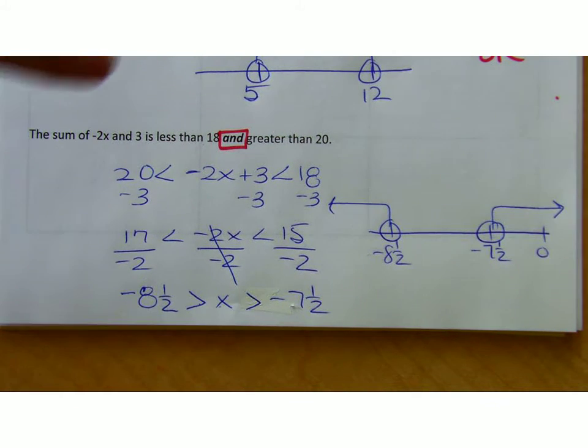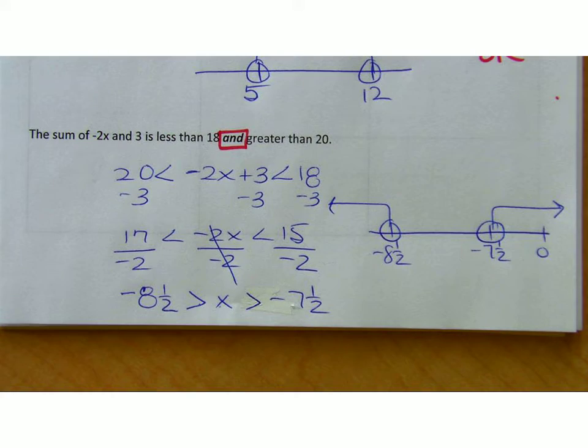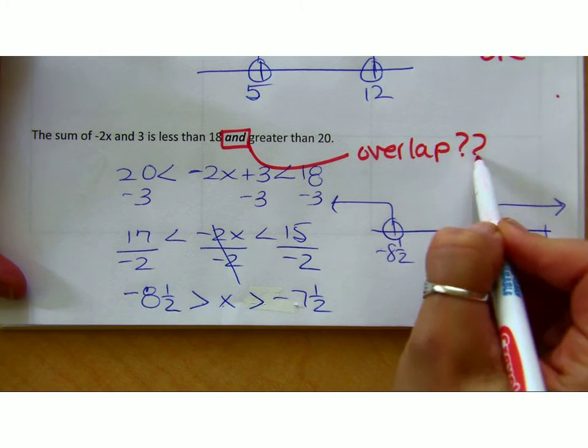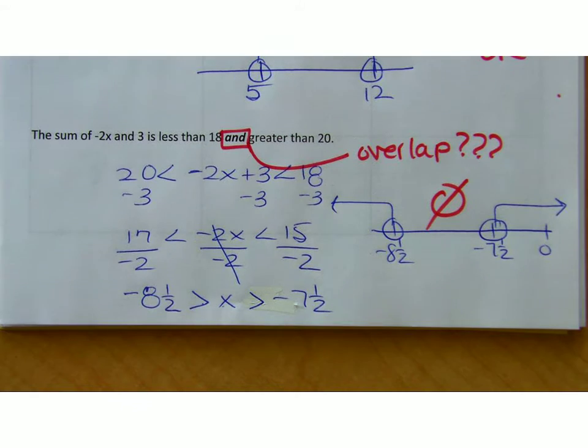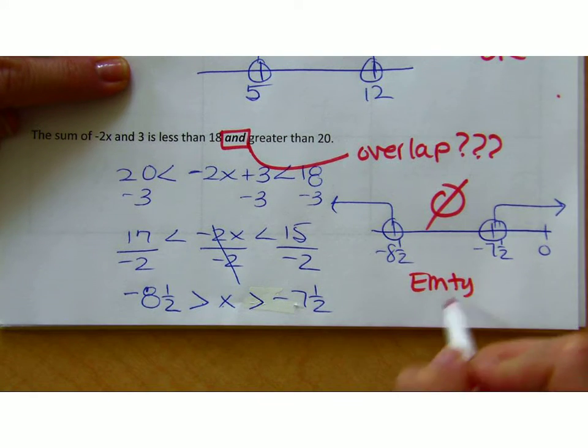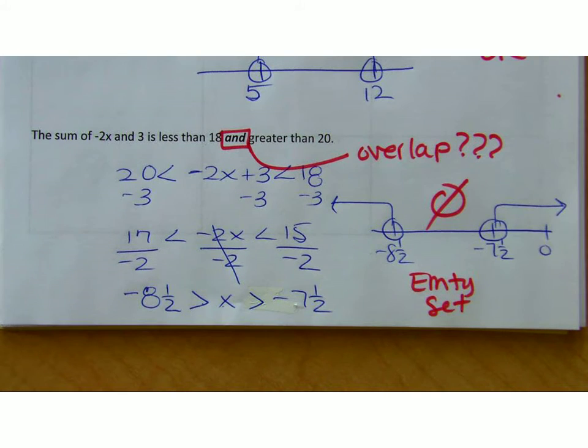So what would your solution be if this was an "and"? We talked about this. It was in our special cases. Empty set. Do you see overlap anywhere? No. So if I'm looking for overlap, there isn't any, which means when your graph looks like that, your answer is empty set. It means that your set of numbers that fits this solution, greater than this and less than this, is empty. There are no numbers that exist.